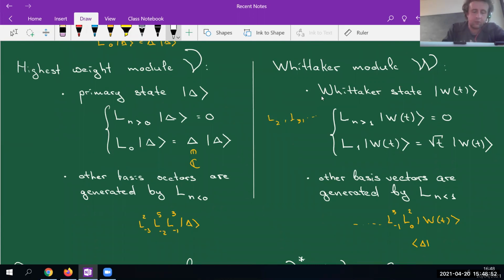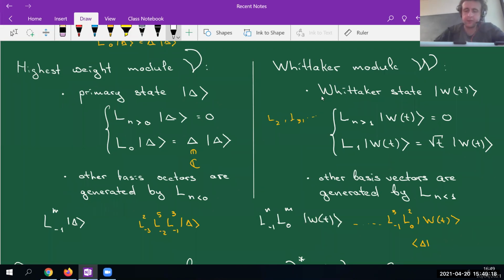You just have vectors like L minus 1 to the power m times delta, and L minus 1 to the power n times w of t.